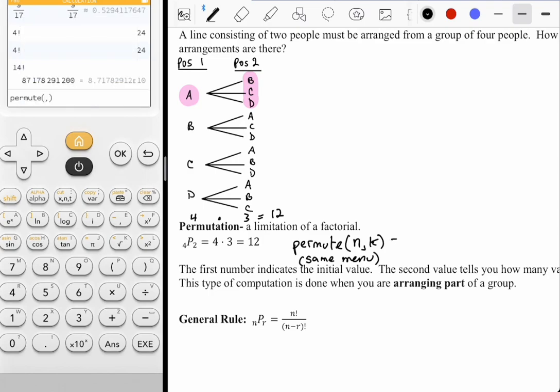So we're going to permute 4 by 2. This is the number of individuals available, and this is the number of positions available.